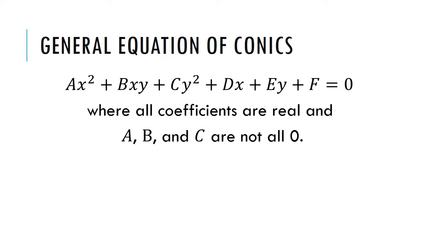However, if the coefficient b is not equal to 0, and that is, we have an xy term, the conic section formed will have an axis which is inclined or forms an angle with the axis.